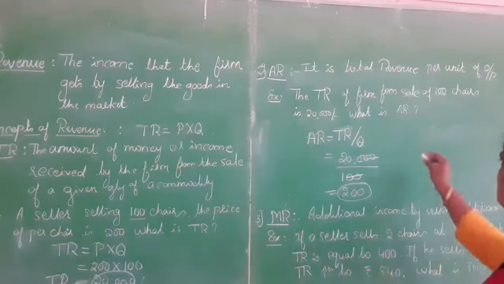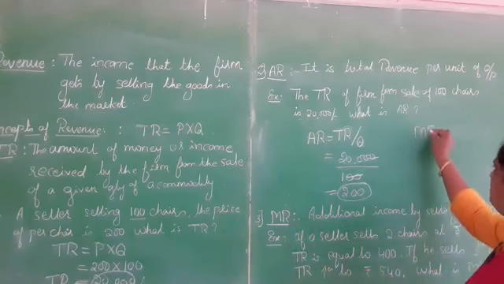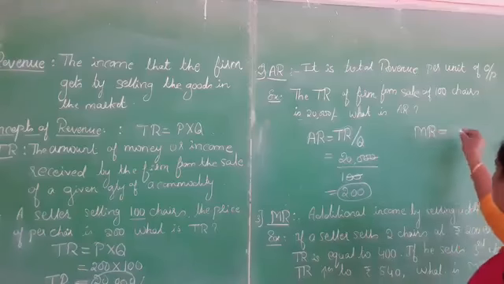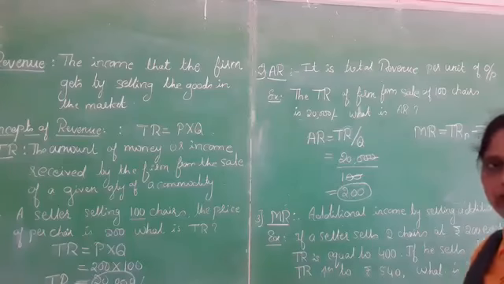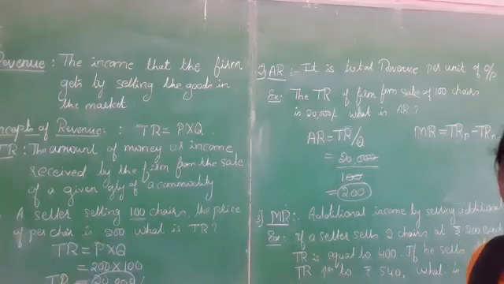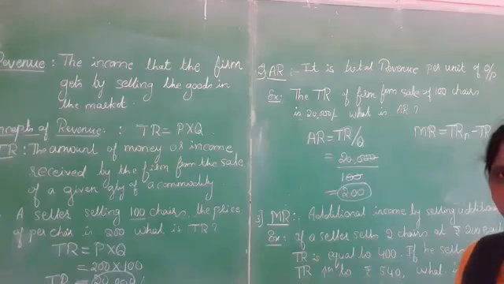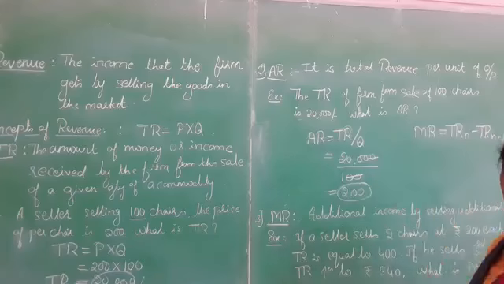The formula is TRn minus TRn minus 1. That is, the total revenue of the nth unit minus the total revenue of the previous unit. That is called marginal revenue.